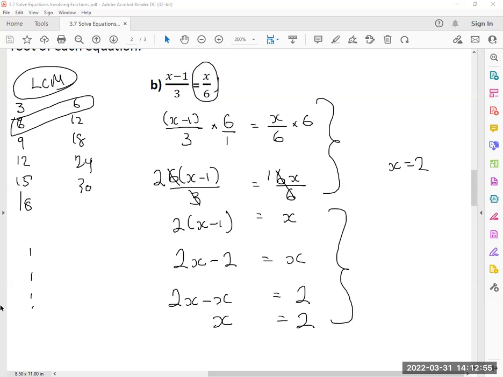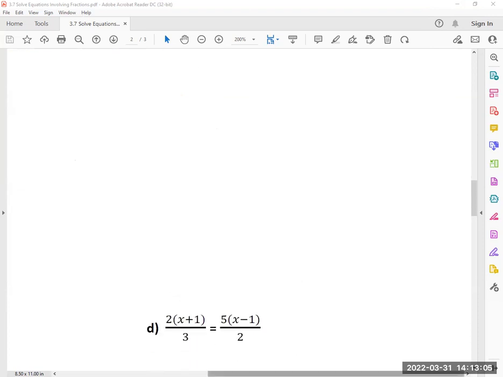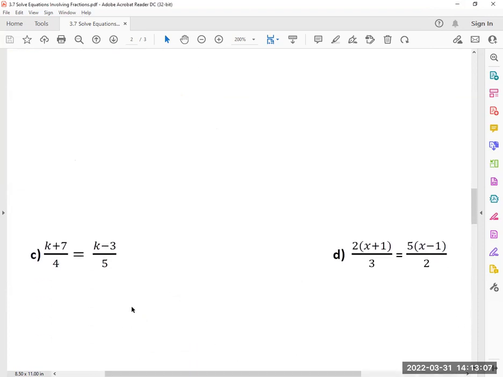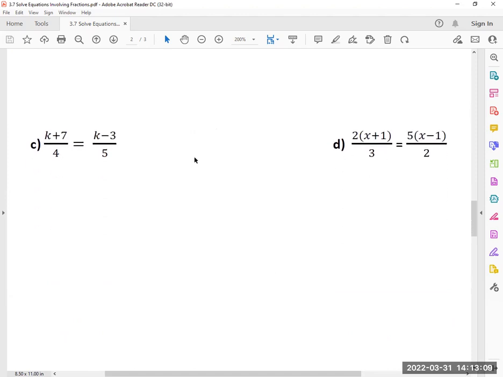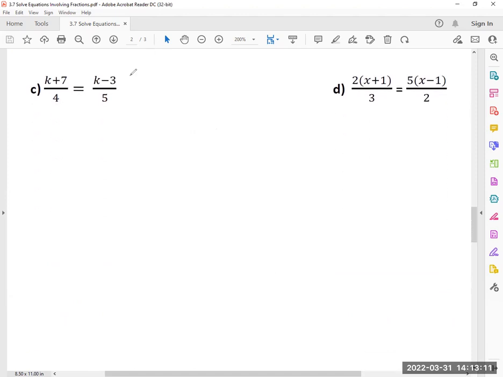All right, let's try it. Here we go. Not gonna lie, I'm sort of excited to show you this last example for C. I will let you try, you know what, C and D, I'll do C. The reason why I'm so excited to show you C is because you might see something familiar that you might have done from like grade 4.